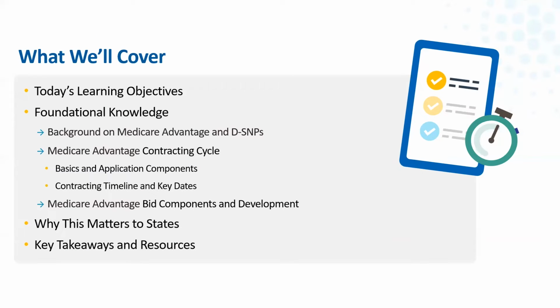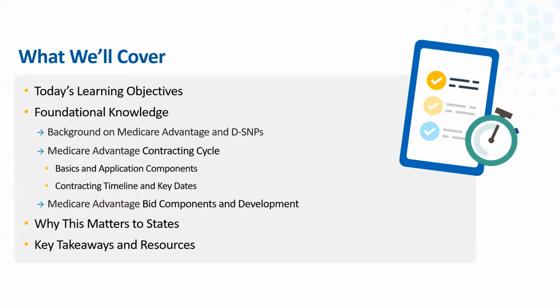Now let's review what we will cover today on Medicare Advantage contracting and bid development. We will start off with a review of learning objectives, or what we hope you will become familiar with after viewing the training today. Then we will dive into the foundational knowledge portion of the training. This will include background information on Medicare Advantage and DSNPs, a review of the CMS Medicare Advantage plan and DSNP-specific activities that are part of the Medicare Advantage contracting cycle and application process, and a closer look at the Medicare Advantage bid development process.